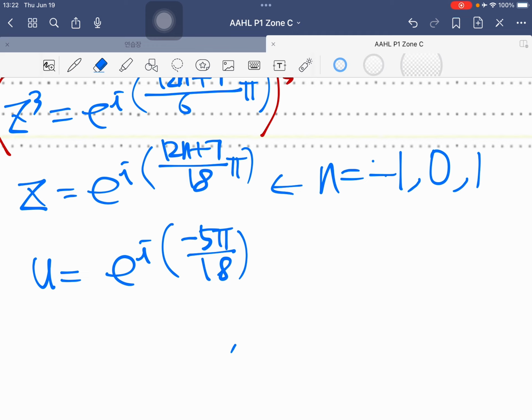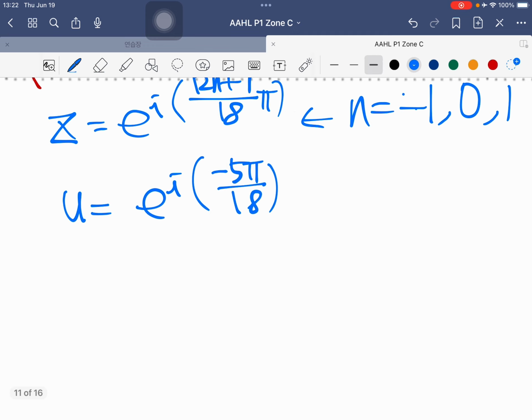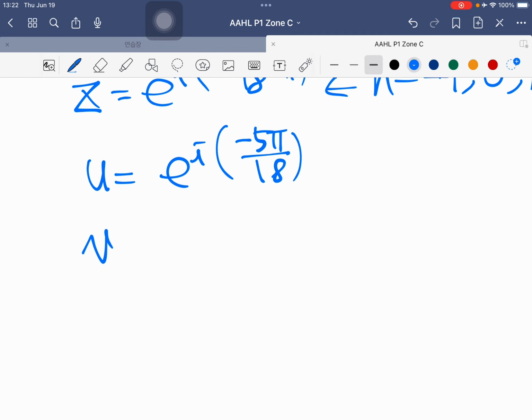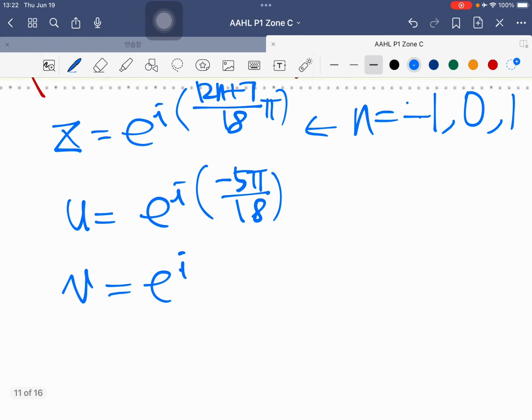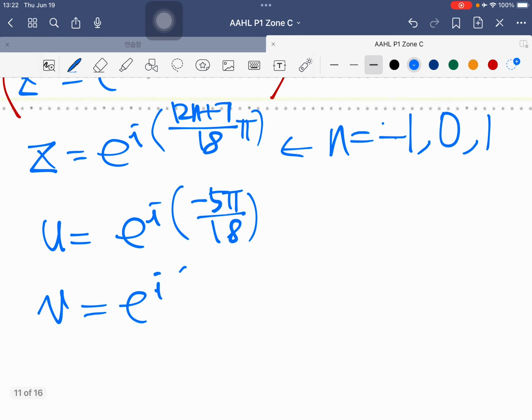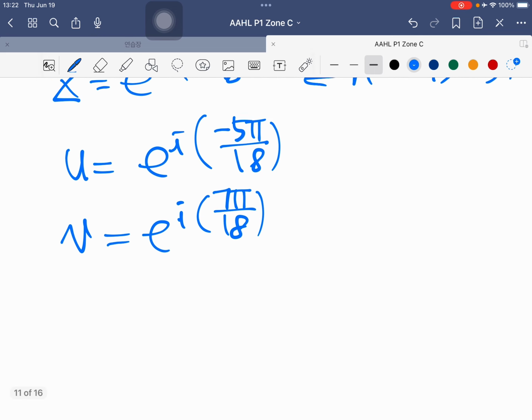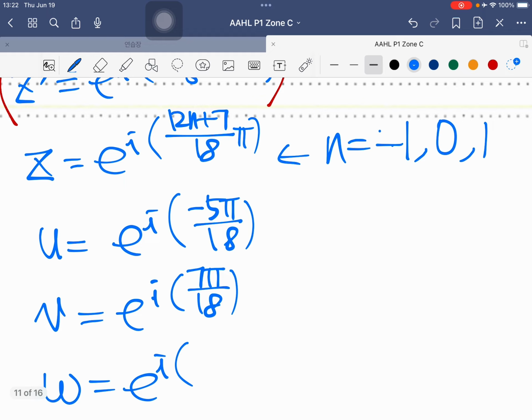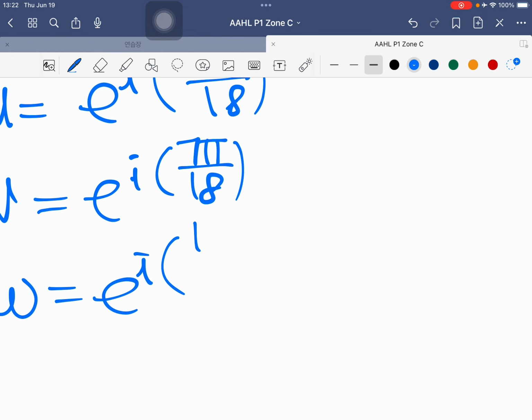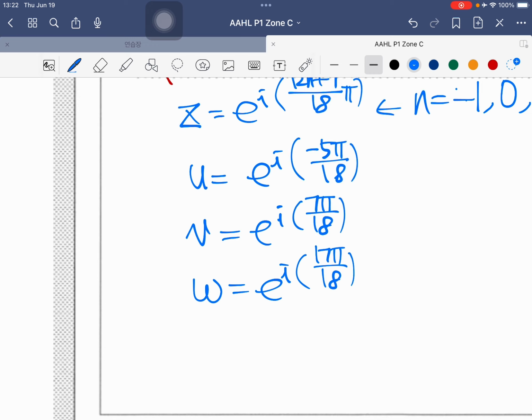V is e to the i of, putting 0 in there, 7 pi over 18. W is e to the i of, putting 1 there, 17 pi over 18. So u, v, w is like this, three numbers.